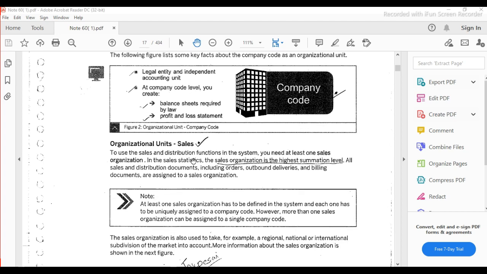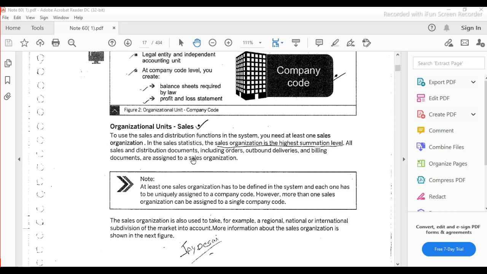Now the next point is the organization unit, that is the sales organization. The sales organization is an organization unit and a legal entity which is responsible for selling the goods and services to the customer.